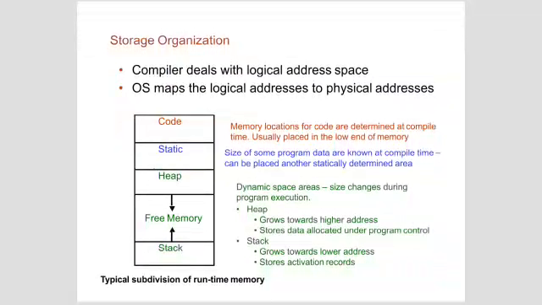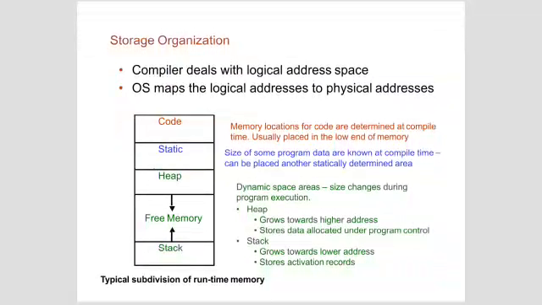Let's discuss these one by one. First, code. This is the memory location of code, which is determined at compile time, usually placed in the low end of the memory. Next, static data.